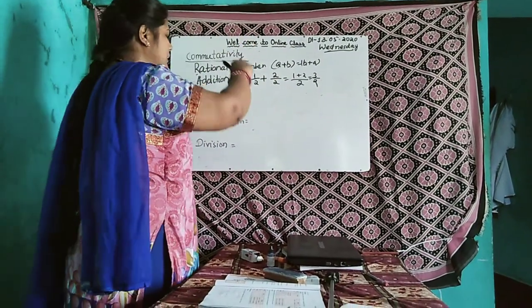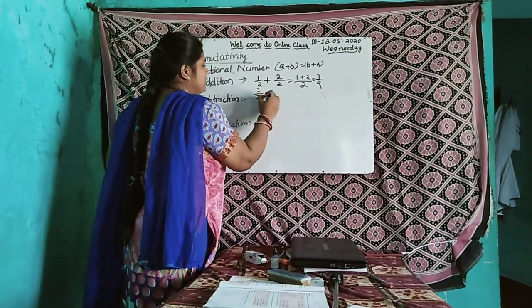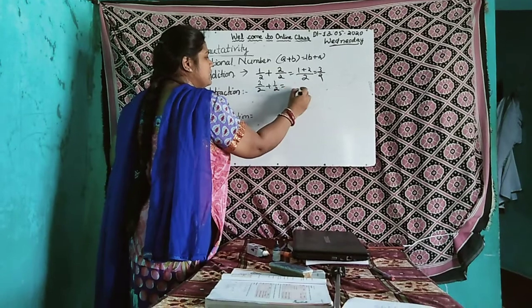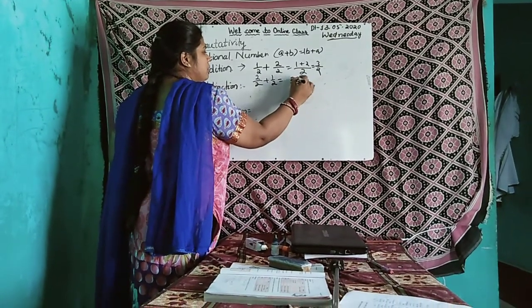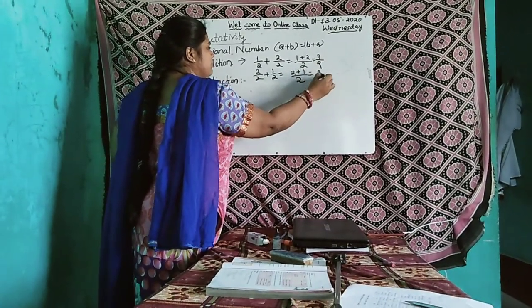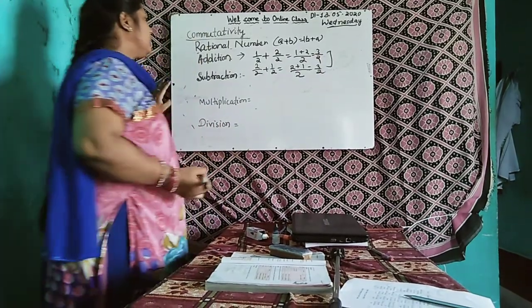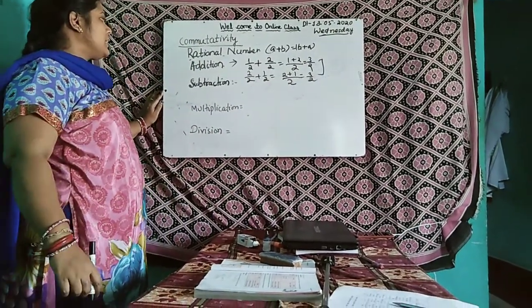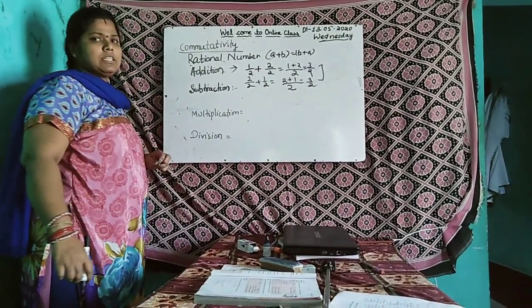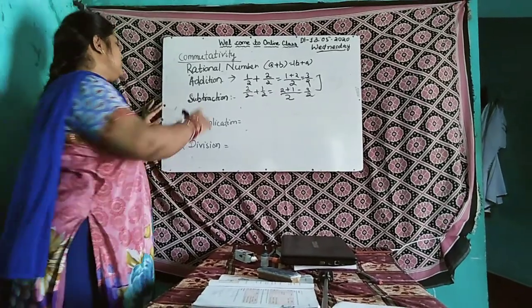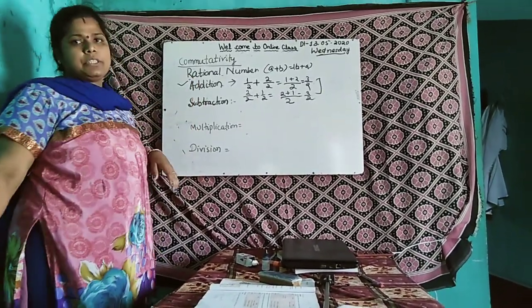Then take the inverse, 2/2 plus 1/2, 2 plus 1, that is 3/2. Same answer. So rational numbers are commutative under addition. It satisfies the property.